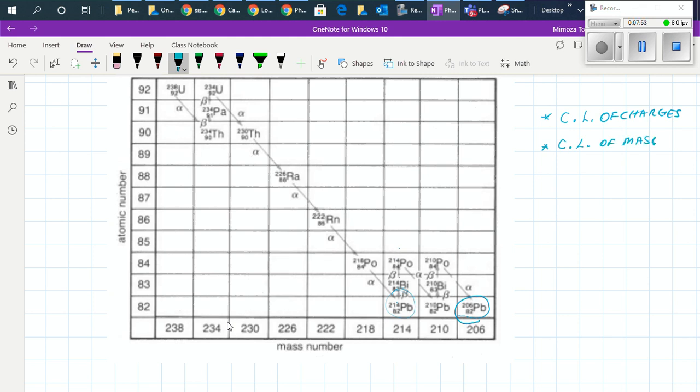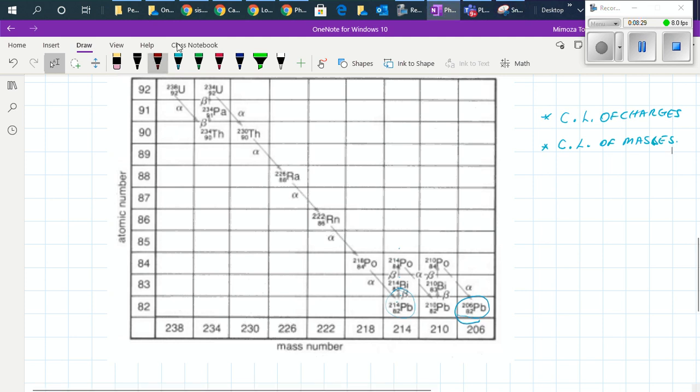Those two laws say that charges are not created and not destroyed, which is translated in nuclear reactions as the sum of the charges on the parent side being equal to the sum of the charges on the daughter side, or sometimes we call them reactant and product, as used in chemistry.